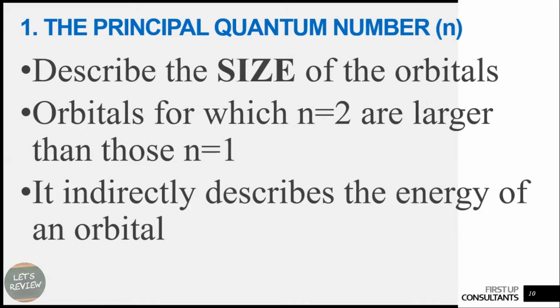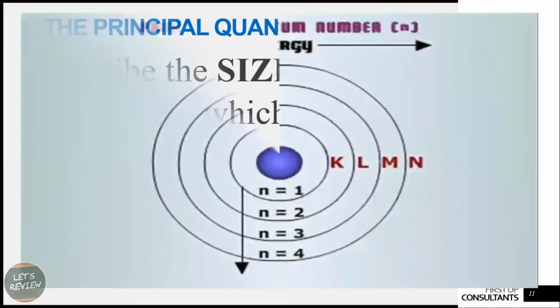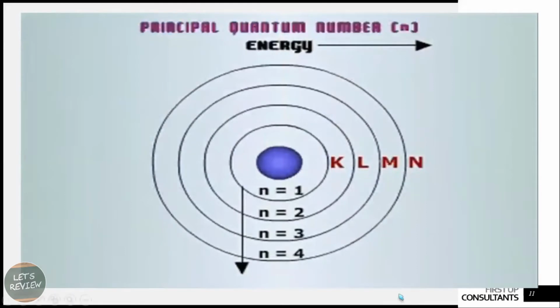So aside from the size of the orbital, it may also describe the energy of this orbital based on the Pauli exclusion, or the number of electrons it can hold per orbital. Remember this: on the first orbital, which is near the nucleus, the energy increases as the orbital gets far from the nucleus, getting bigger.